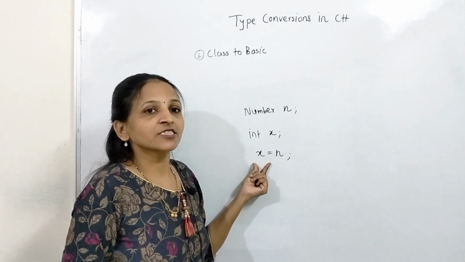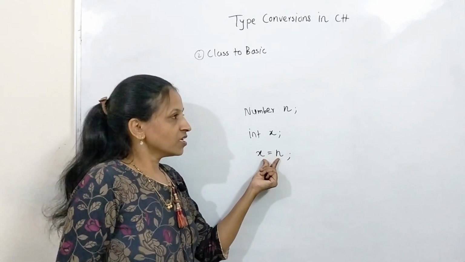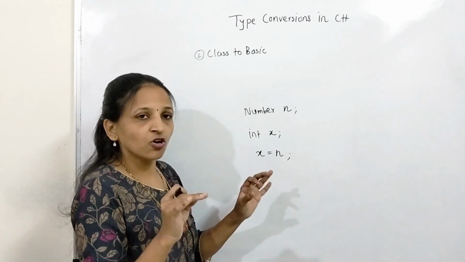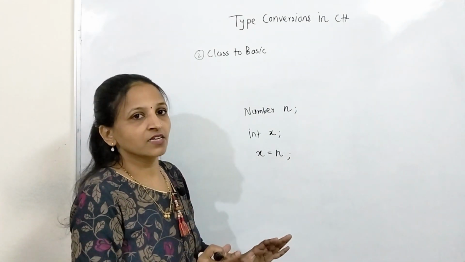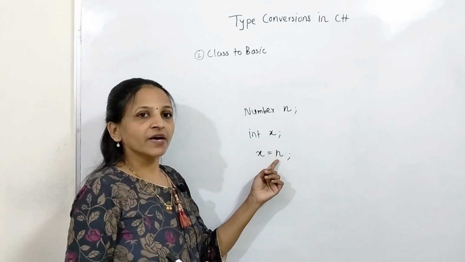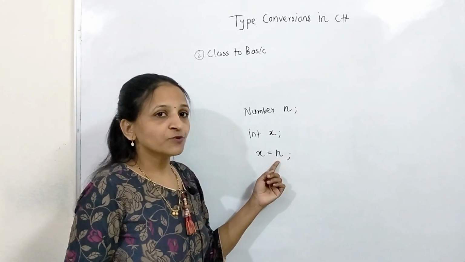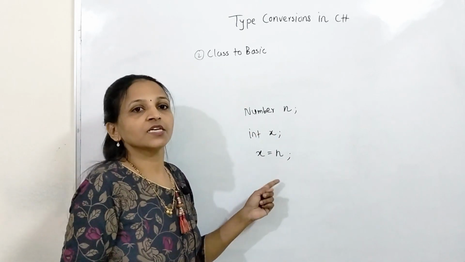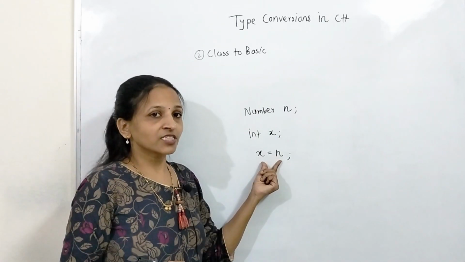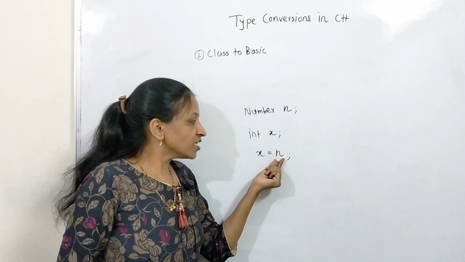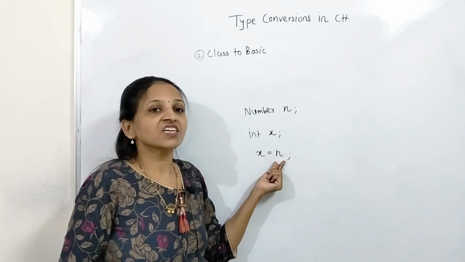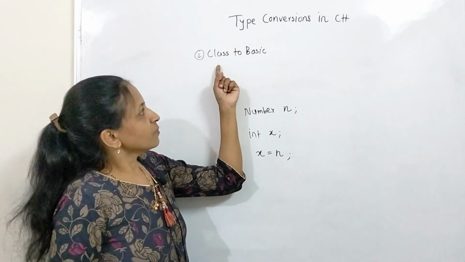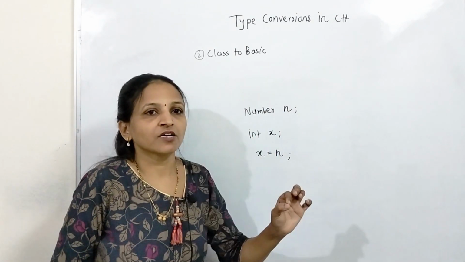If in any expression the operands, the right hand side and left hand side, have a type mismatch, then of course type conversion is needed. Here n is of type number, so that number object should first get converted to integer so that this statement can be executed. For achieving this, there is a need to convert a class data type value to a basic data type. That is nothing but class to basic type conversion.